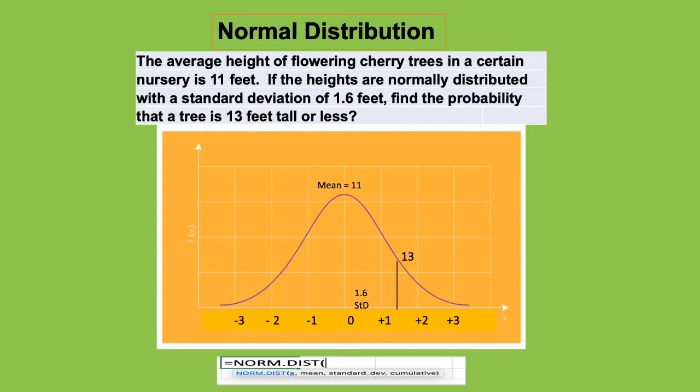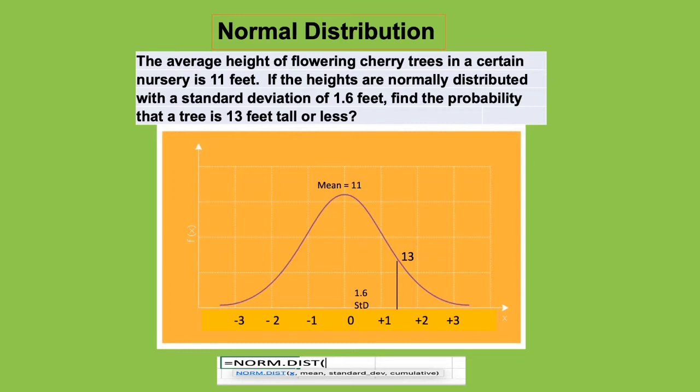Well, it's x, which we know is 13. It's the mean, which we know is 11. It's the standard deviation, which we know is 1.6. And the last thing, it says cumulative. What cumulative is asking you is, do you want the value or probability of just x occurring, or do you want the value of everything up to x?